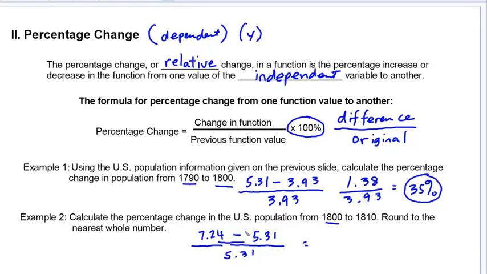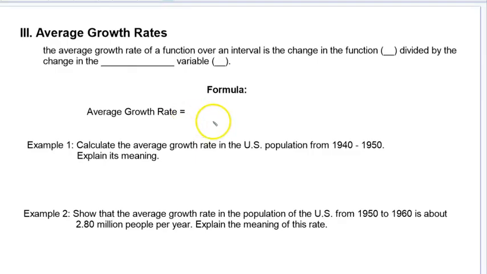Let's try that again. 7.24 minus 5.31, and then I divide by 5.31, and I get 0.36346 and so forth. So multiply times 100 to put that in percent form, and that's about 36%. Okay, so a couple examples of percentage change. Those are pretty easy. And now let's talk about average growth rates.